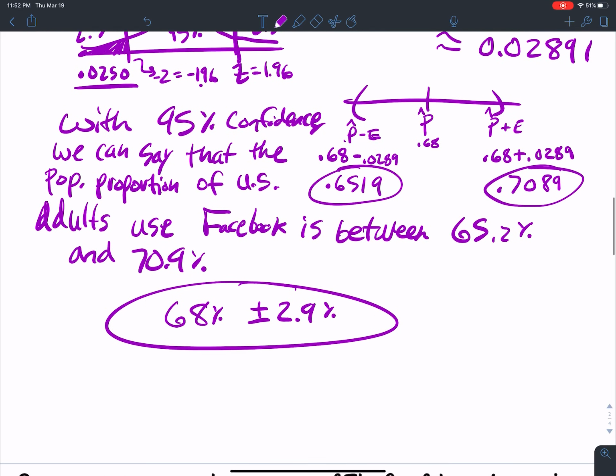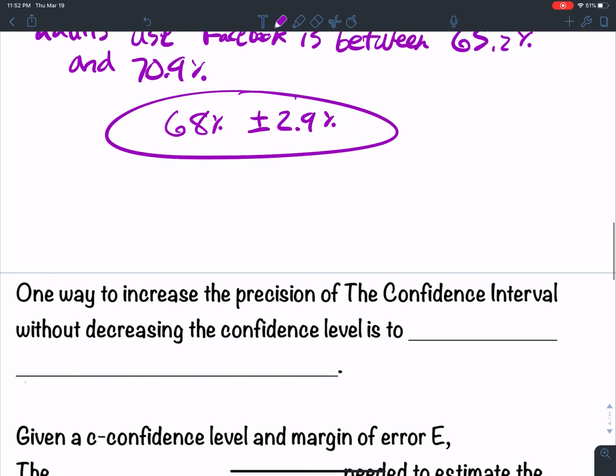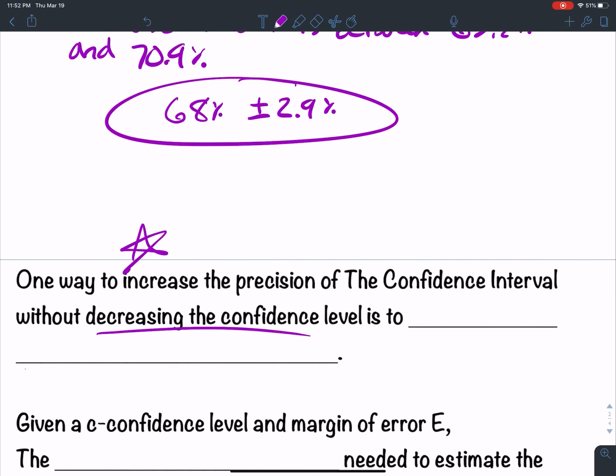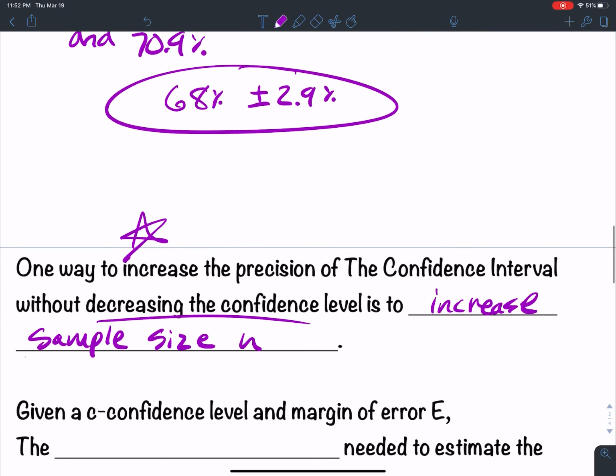Now, one way to increase the precision of a confidence interval without decreasing the confidence level is to increase the sample size n. If I increase the sample size n, then I can increase the precision. I can be more sure.